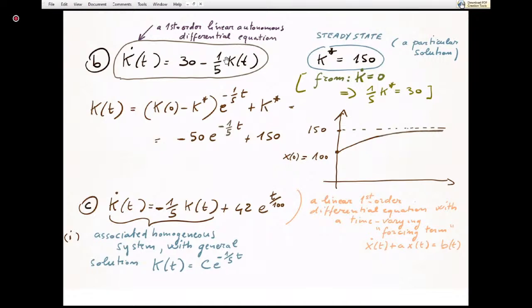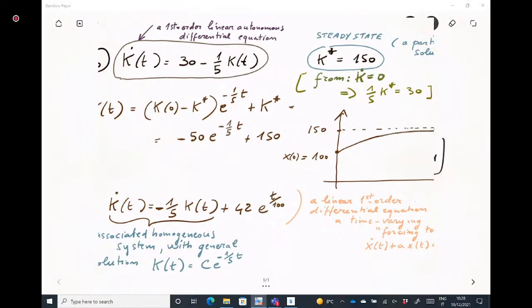Okay? You know that you might write down immediately the particular solution because we have the solution formula, or we can just compute the steady state first. Okay, so let me just show you, it can be useful.